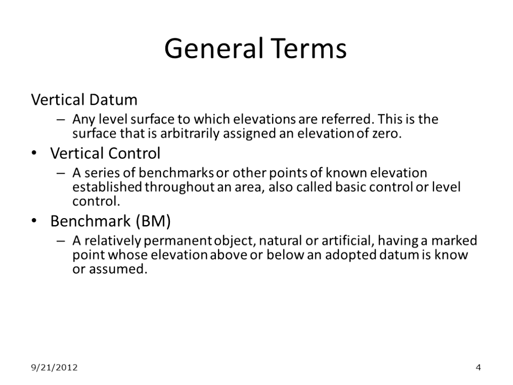Okay, some other general terms of vertical datum. Any level surface to which elevations are referenced. Typically, we assign that surface an elevation of 0. Just makes it easier, which means you can actually have a negative elevation.